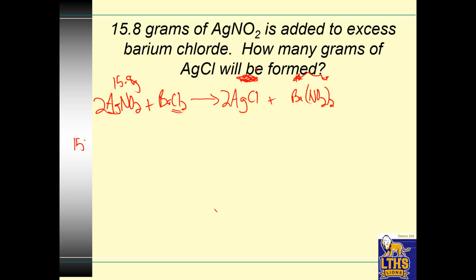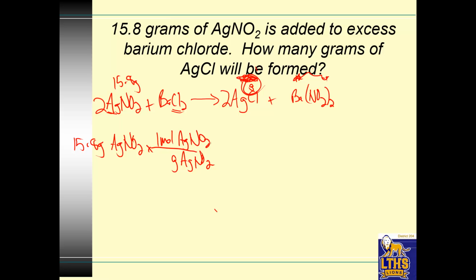So now I have 15.8 grams of AgNO2 times dividing bar, and I want to know how many grams of AgCl. So looking for grams of that. Grams of AgNO2, 1 mole AgNO2. And I'm going to go to the periodic table.